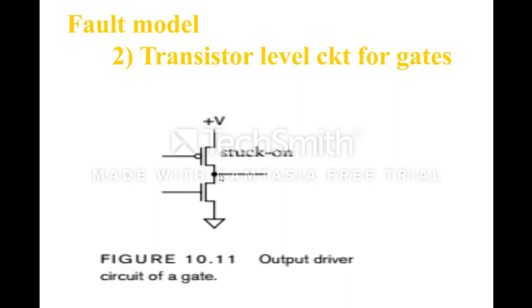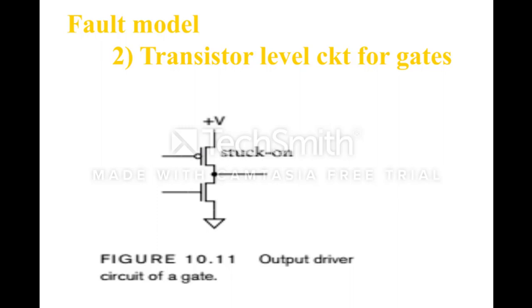If the input is given to NMOS and we expect the output, the output is not exactly the same as required. It will depend on the PMOS, because the PMOS is always on.